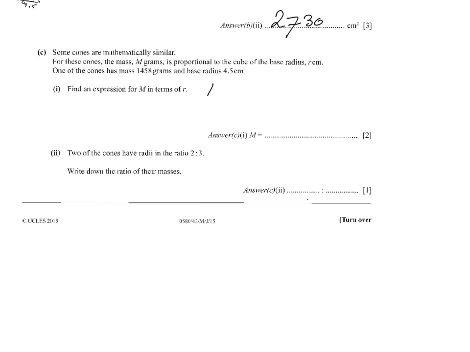They say the mass is 1,458, and that is the scale factor times the radius cubed, so 4.5 to the power 3. If I work it out in my calculator, 1,458 divided by 4.5 times 4.5 times 4.5 equals 16. K apparently is 16. So m is going to be 16 times the radius cubed.